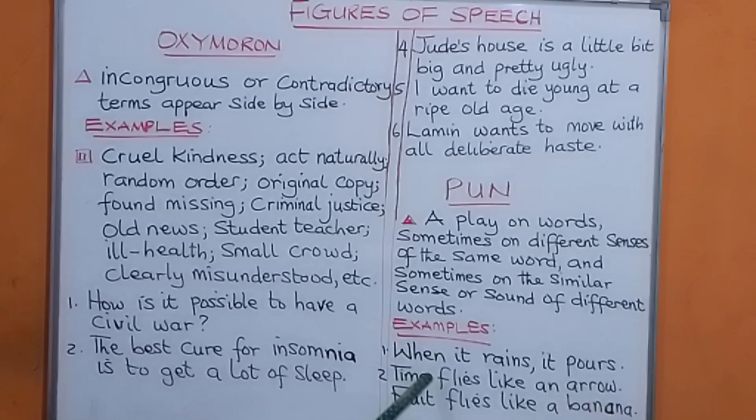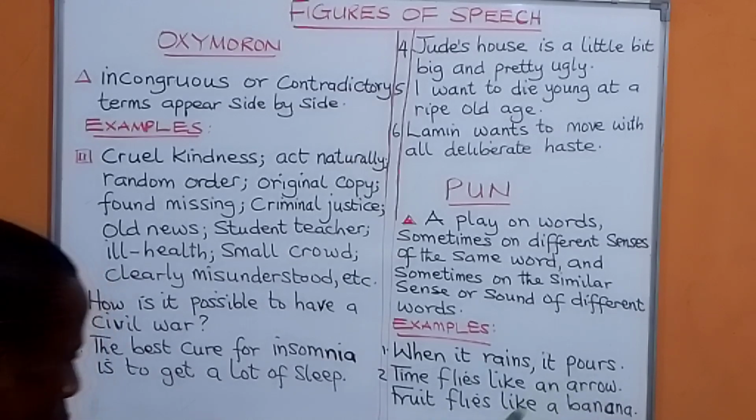Look at an example. When it rains, it pours. Now we are using different words and playing them on similar sense or sound: rains, pours. Look at the same word. Time flies like an arrow.